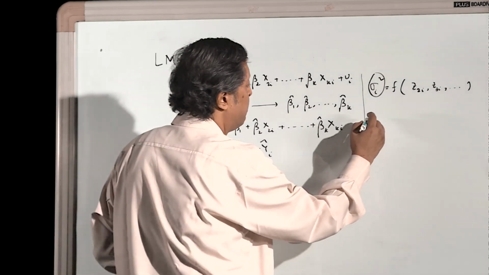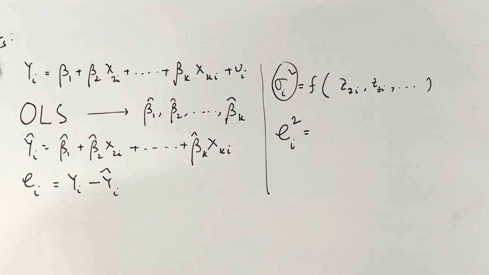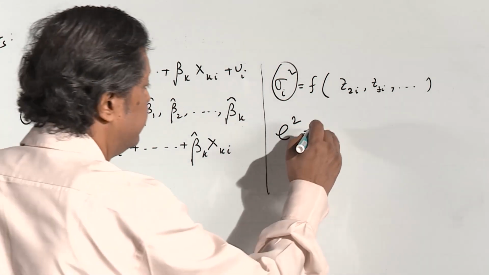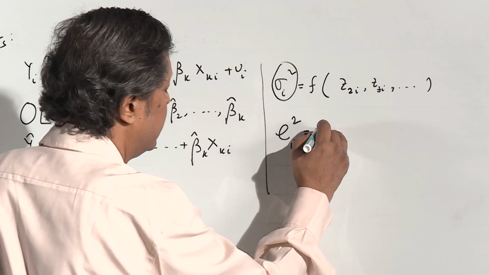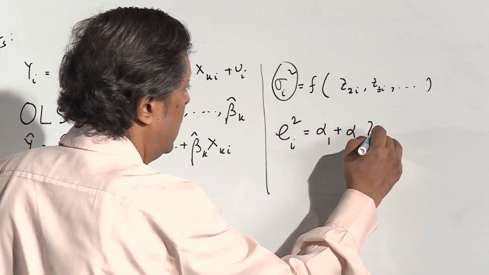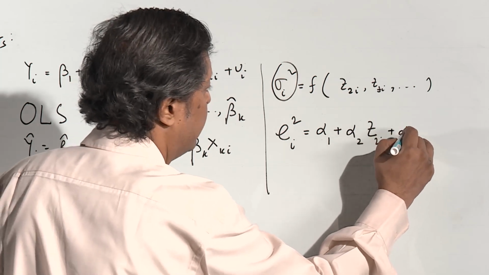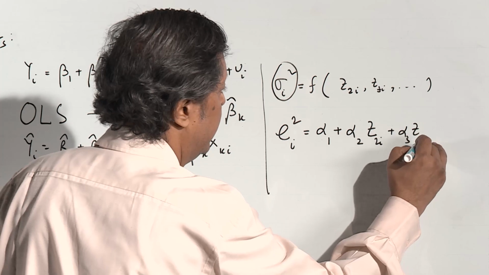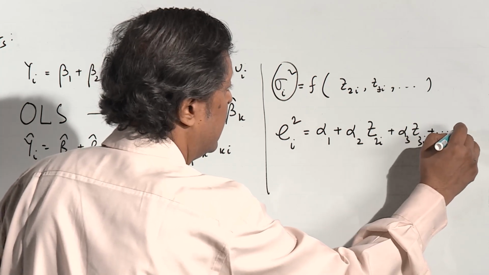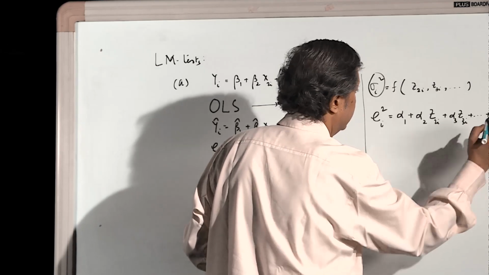So, we use the proxy ei square, and we regress ei square on a constant, say alpha 1, plus alpha 2 Z2i plus alpha 3 Z3i plus alpha p Zpi.